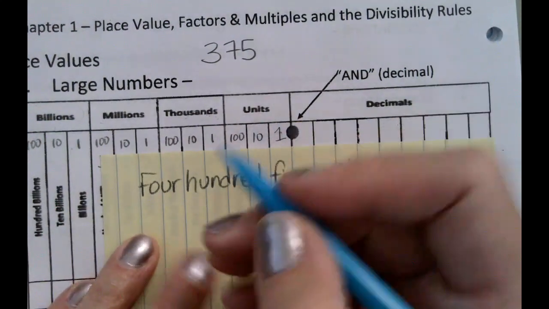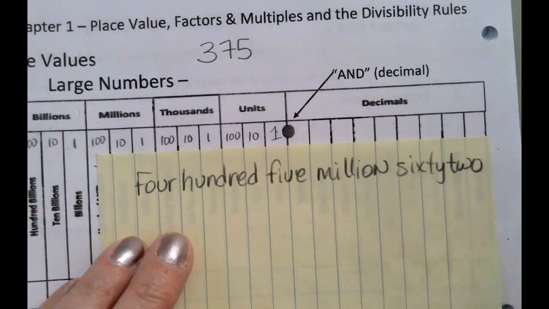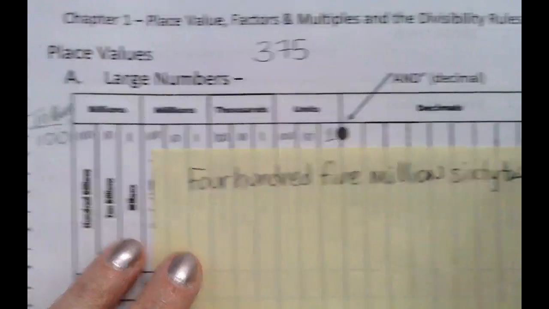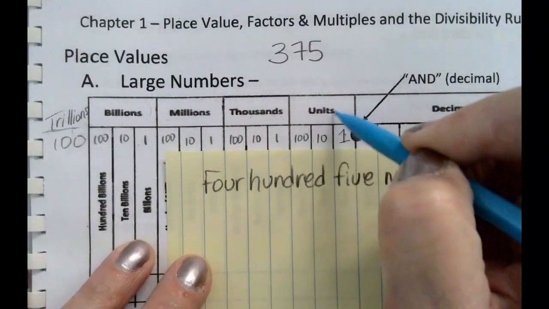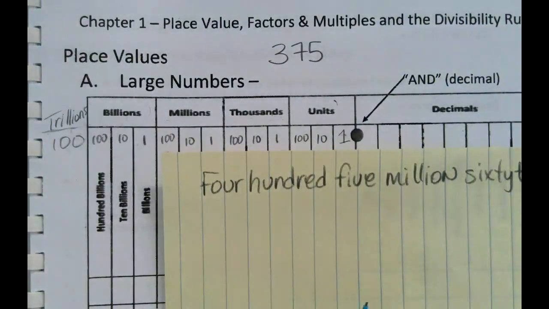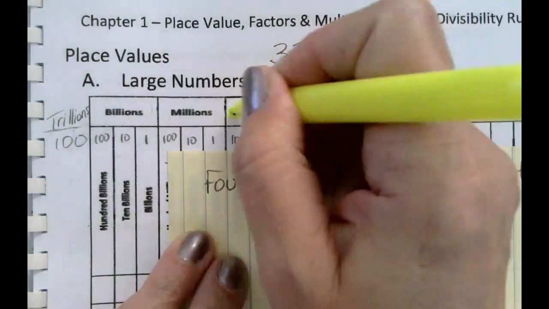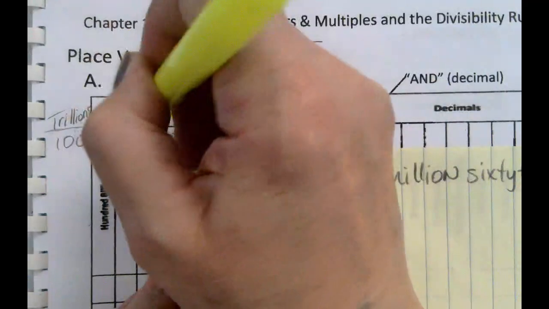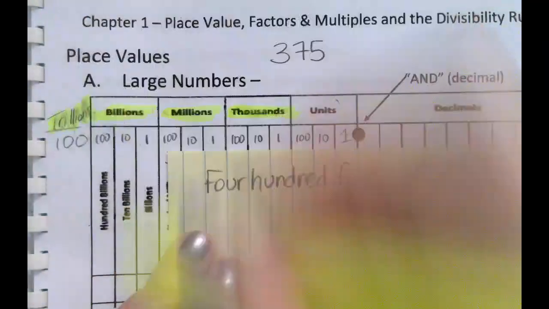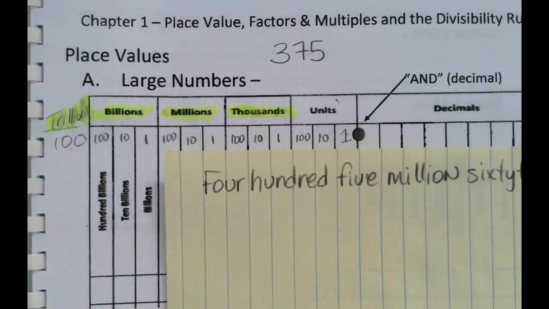All right. Now, when we go to these, I want you to underline the units: thousands, millions, billions, and trillions. What that's going to do is block your number into those 3 digits.